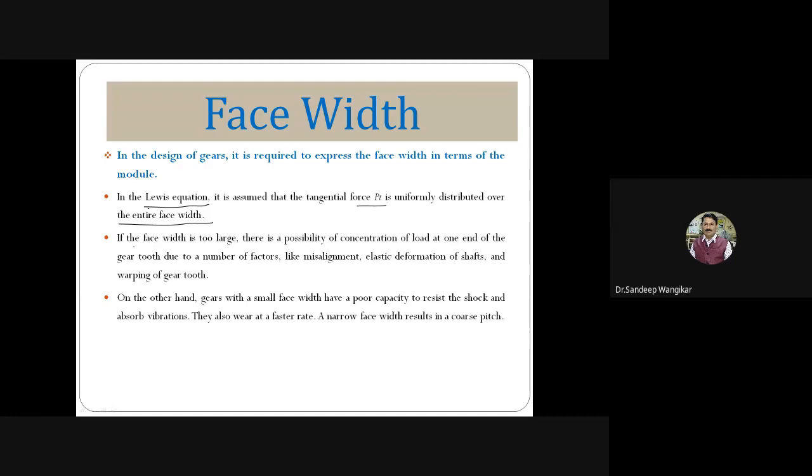So what will happen if the face width is too large?